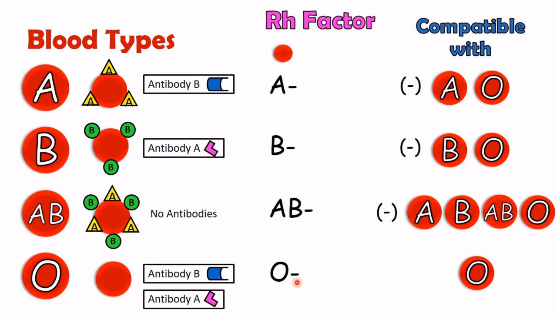And lastly, O negative only receives from negative O, the blood type O that has the negative sign.